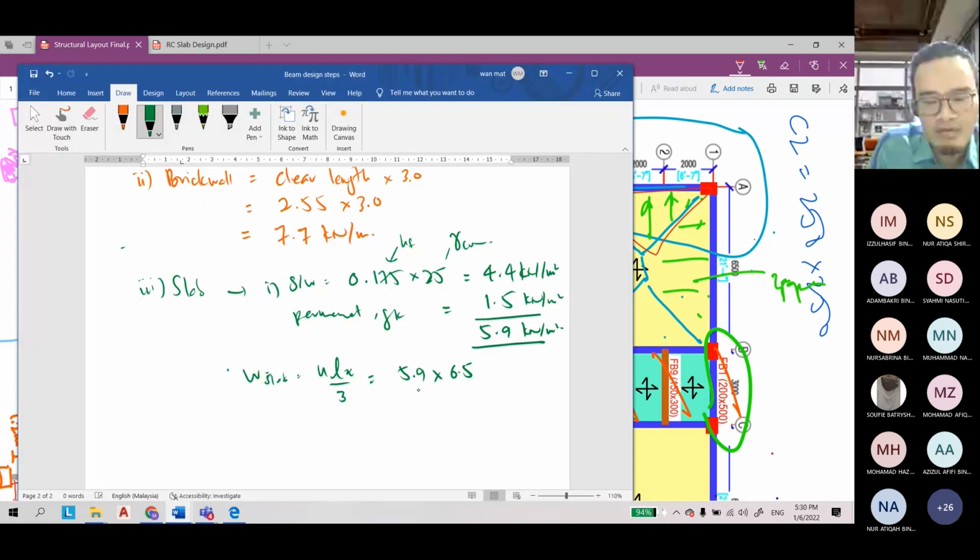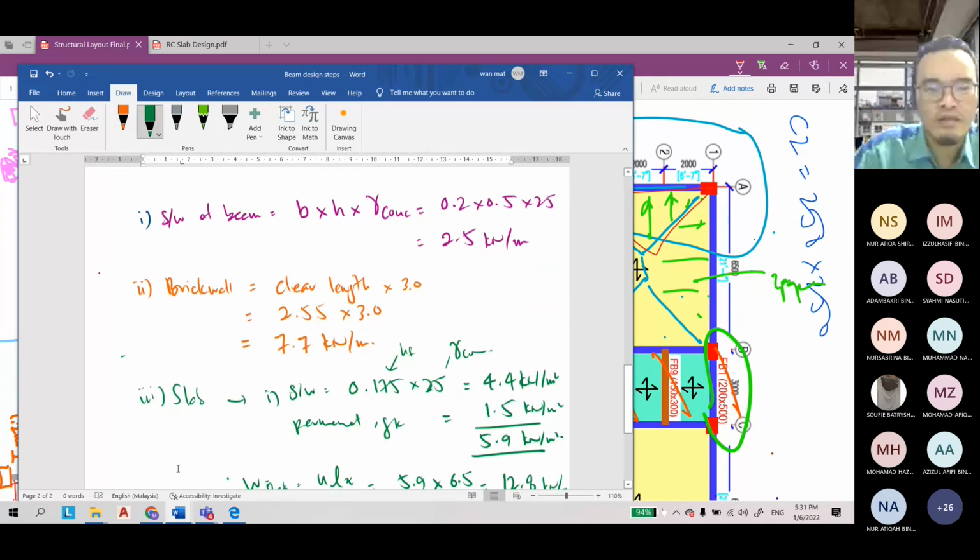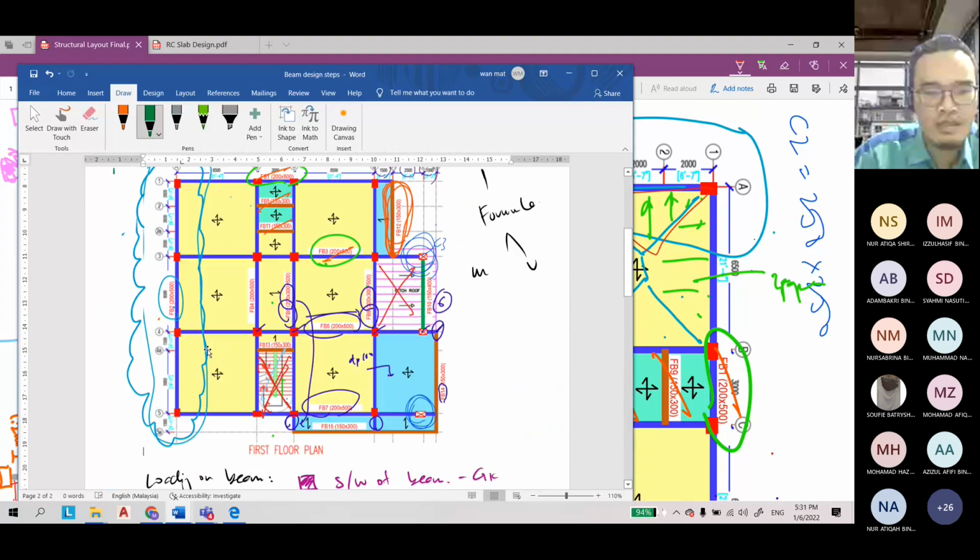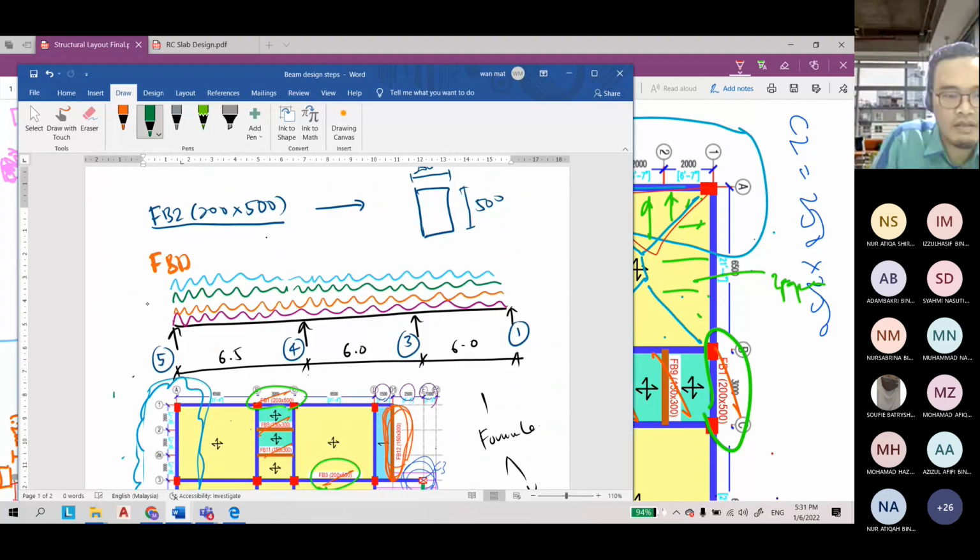What is the answer now? 12.8 kilonewton per meter. Here is 12.8, but here the Lx is shorter, so I might have a lower value. But it's okay since the difference is not too much, so I just use the maximum one here.